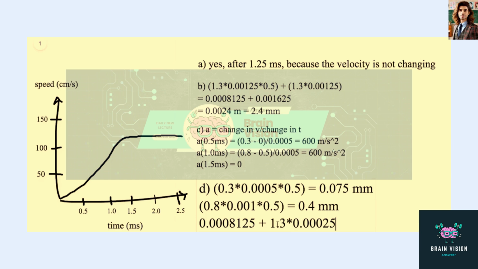And that's going to be equal to, one moment, I have to put this in my calculator, 1.14.